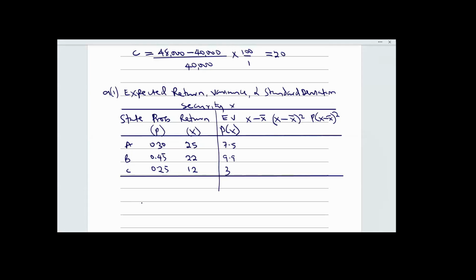Therefore, you add it together to get the expected return of security X. So 7.5, 3 plus 9.9 plus 7.5, which gives us 20.4.